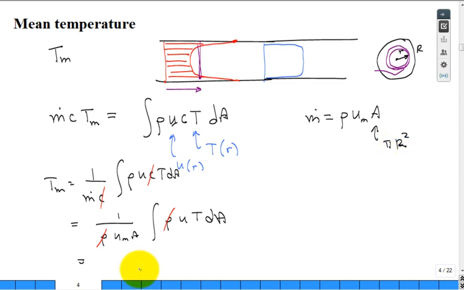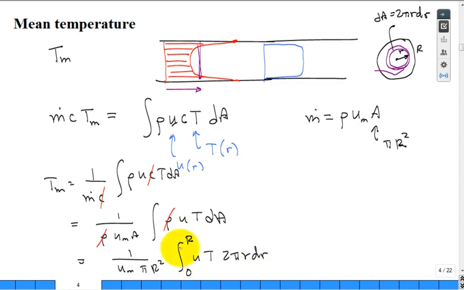And so you could put 1 over U mean pi cap R squared, the integral of U as a function of R, T as a function of R, and then dA, this little dA up here, is 2 pi R dr from calculus. You could put the 2 pi R dr, integrate from 0 to cap R. Could we cancel the pi?